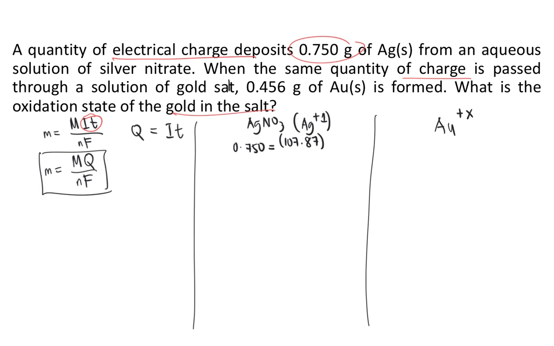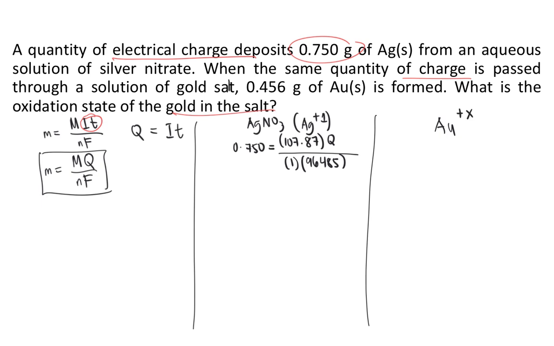We don't know what Q is, so just write Q, divided by n, the oxidation state. Silver is Ag+1, so +1. And F is the value of Faraday's constant. Please memorize the value of F, because teachers usually don't give this, especially during exams. It is 96485 coulombs per mole. I will just omit the units.